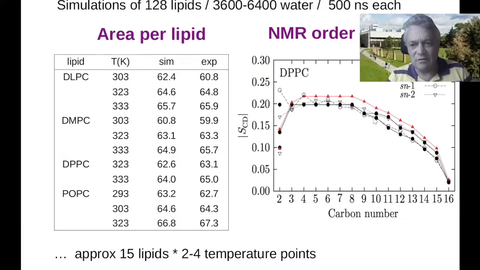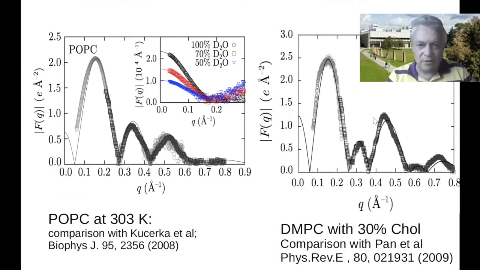These data are also available in the literature. And we also did comparison with X-ray and neutron structure factors. These are also taken from literature or just by contacting people. Kucerka contributed data on electron density, and we also get quite good agreement with experimental results.